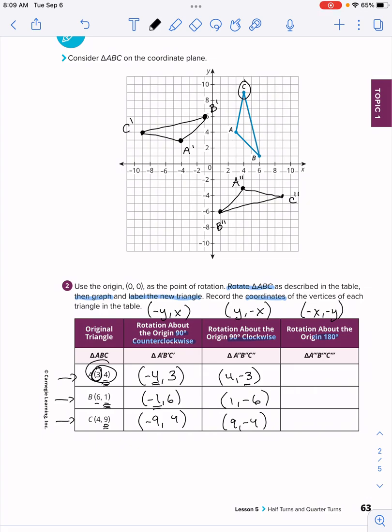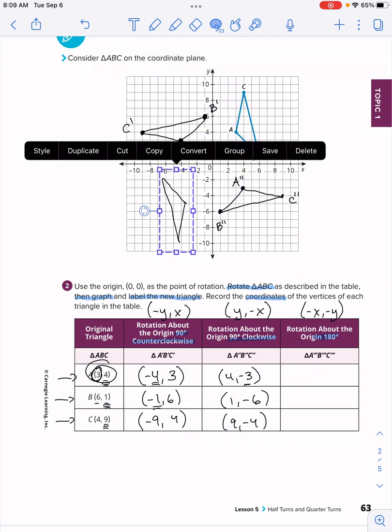So let's do this. I'm gonna trace this triangle just so you get an idea of what it should be. So this is a triangle here. If I were to highlight this and rotate this 180 degrees, you should get something like this, and it'll be somewhere in the third quadrant, something like that.